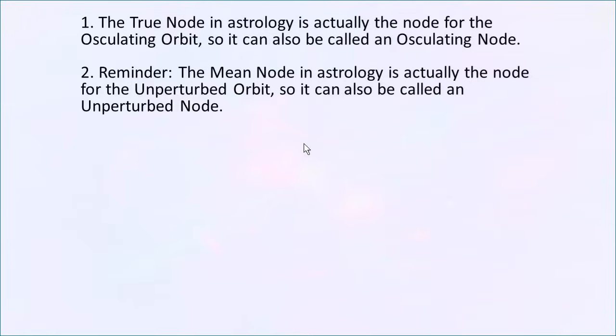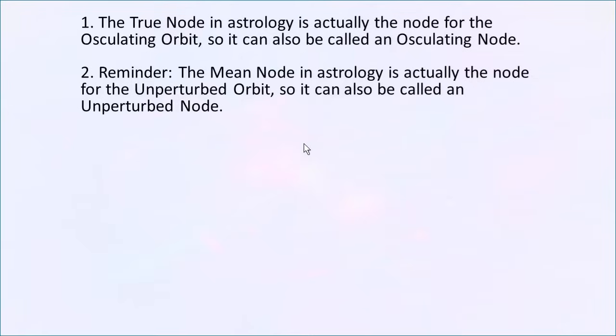And you know now what the mean node is. The mean node is not an average node. That's a misnomer. It's the wrong term. It's the unperturbed node. So to repeat, the mean node is the node that's calculated using Kepler's laws of motion.